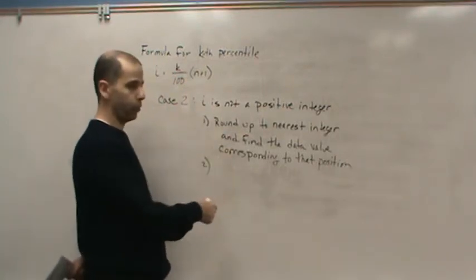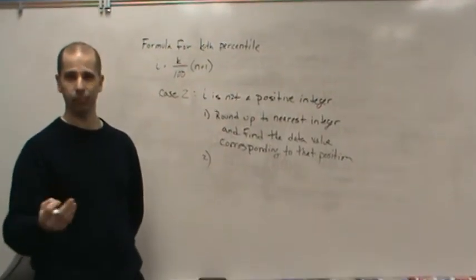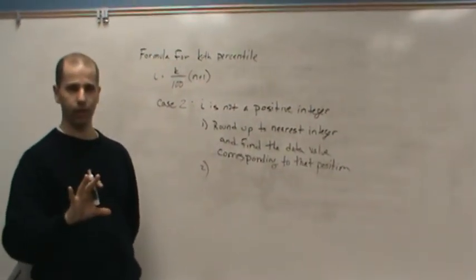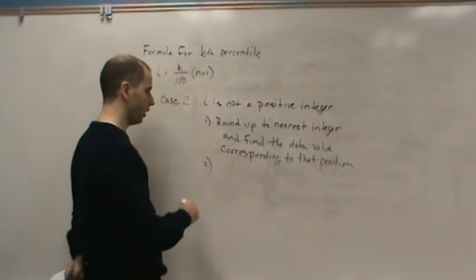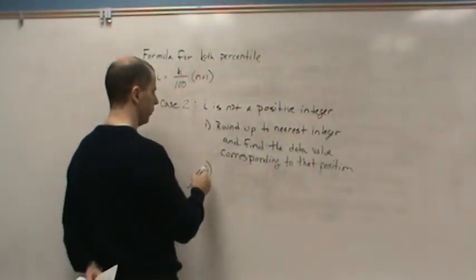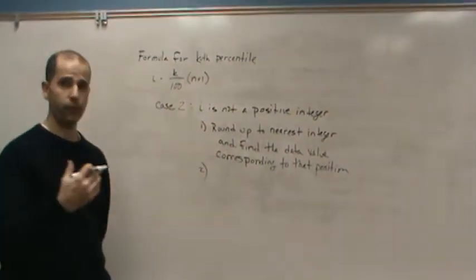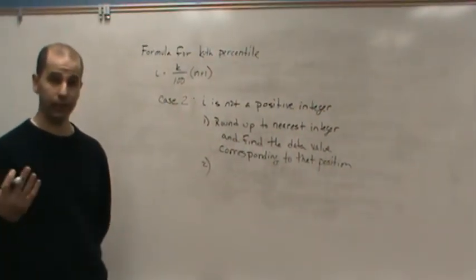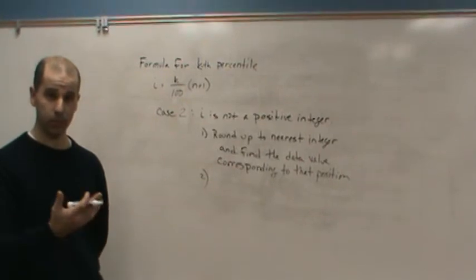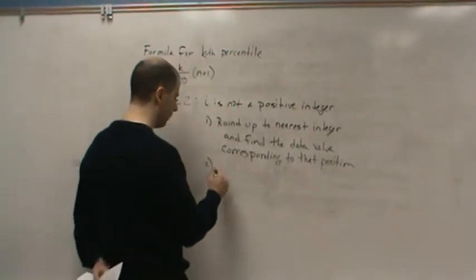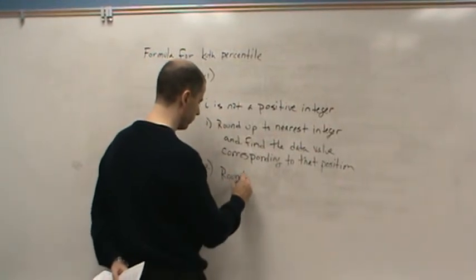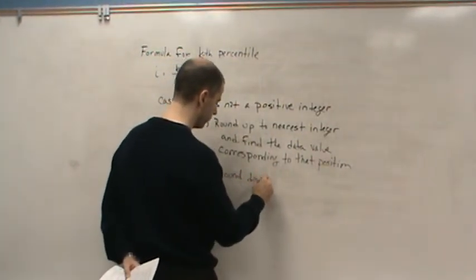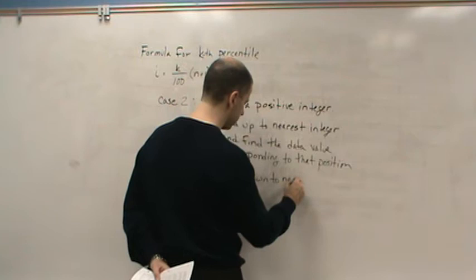I'm going to write both of them, but use whichever works best for you, whatever makes sense to you. So we round up to the nearest integer and find the data value in the ordered data that corresponds to that position, and then round down to the nearest integer to find the other one.